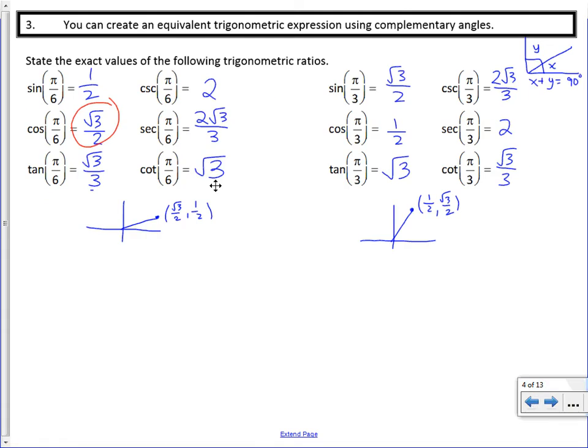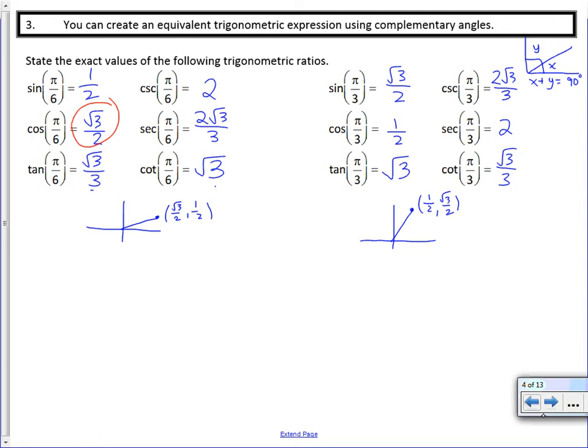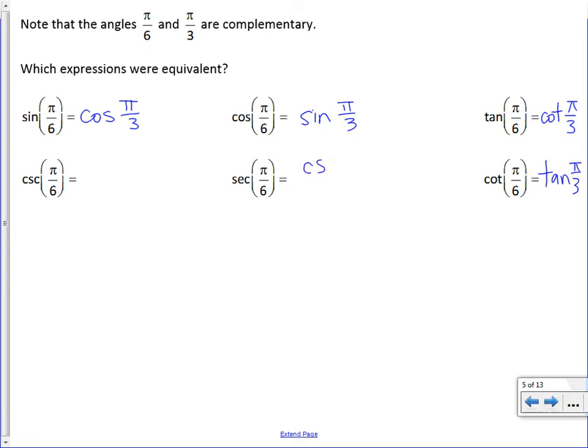Cotan matches up to tan pi over 3. Secant pi over 6 matches up to cosecant pi over 3. And cosecant pi over 6, what's left? Secant.